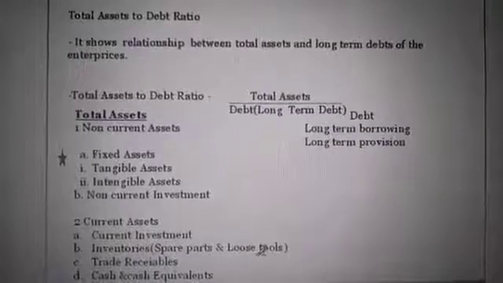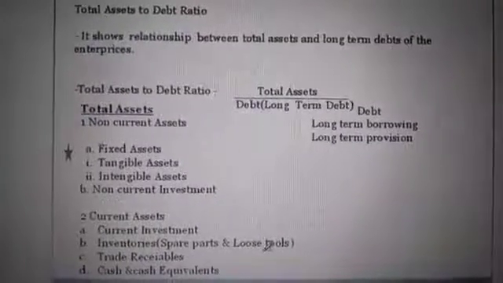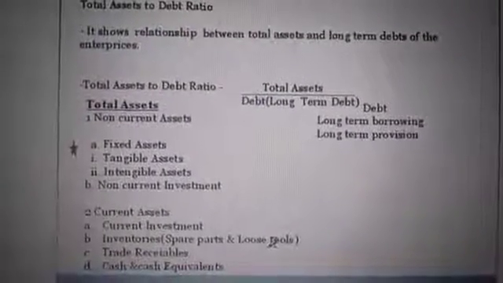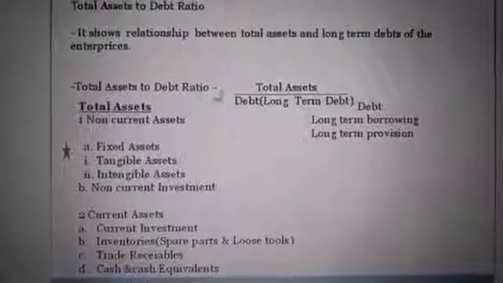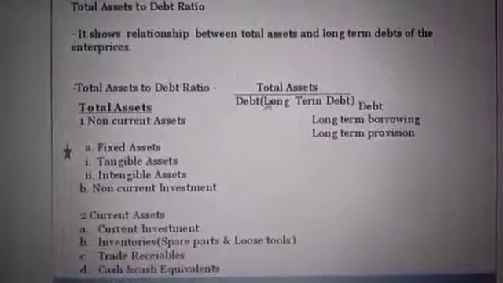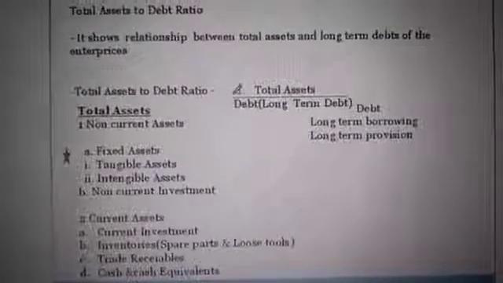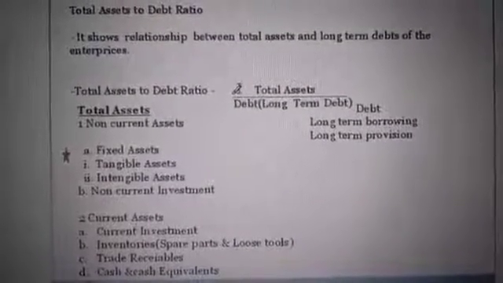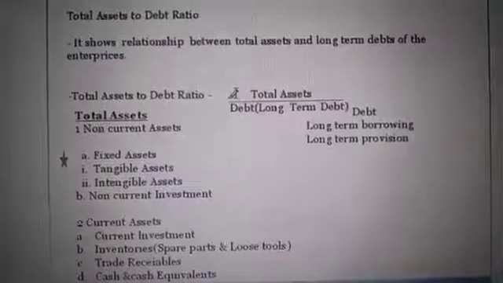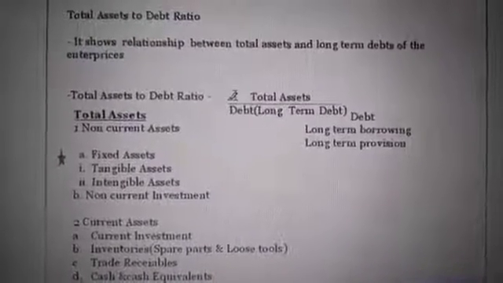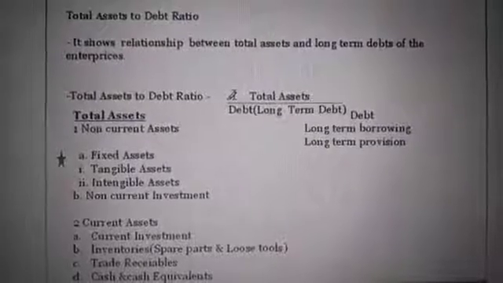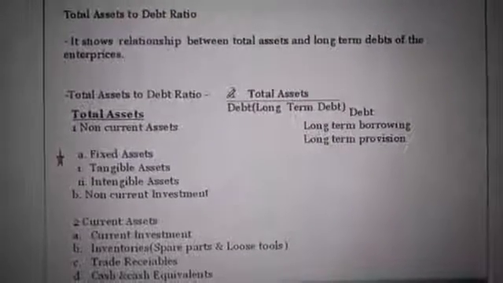This ratio gets its name from total asset to debt, that means total asset divided by debt. It is for finding the long term position of the financial business. So read it from your book also. The same thing is given in your book.